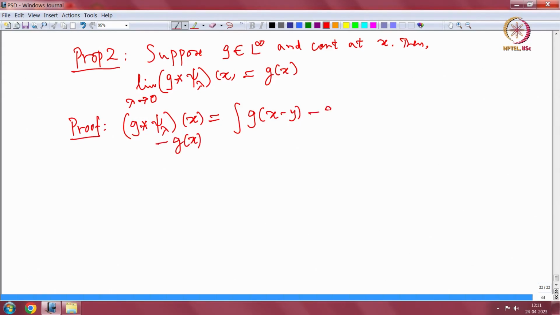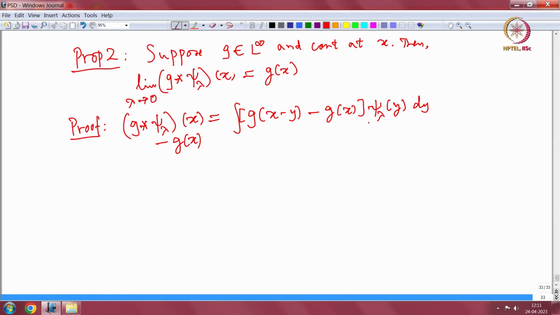So, this is minus gx and psi lambda y dy. Here we are using the property that the integral of psi lambda is 1. So we could write that gx term as gx into the integral of psi lambda, and I take just gx inside.